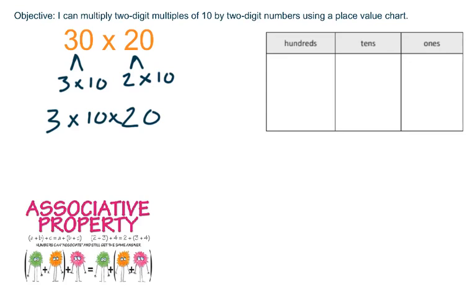We didn't talk in too much detail about the associative property, but basically what this means, if you look down here at the bottom of the screen, is that when I multiply and when I add, I can rearrange numbers so that they better suit what I'm working with.